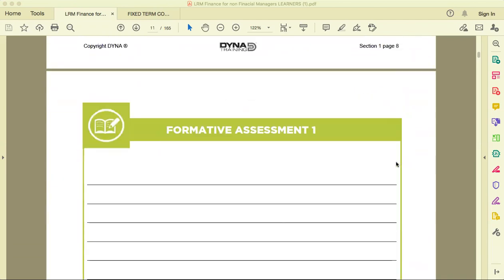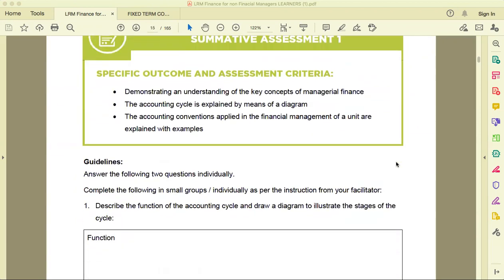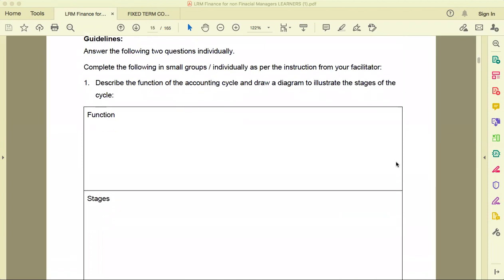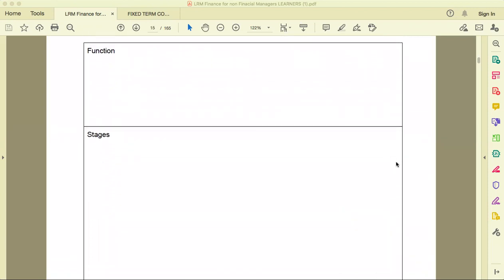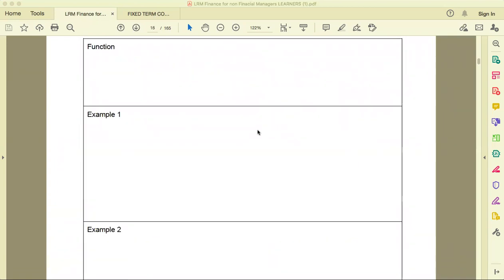From there, you are going to give me the reasons, the functions of why we need the accounting cycle, and then what the stages are. You've seen that picture of the transactions moving to the journals and all the way around to financial statements, and you are going to put that in on page number 11.